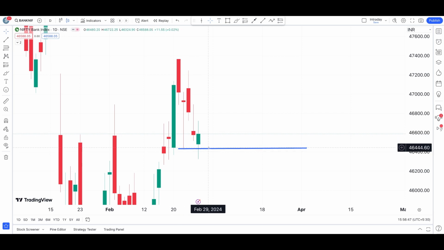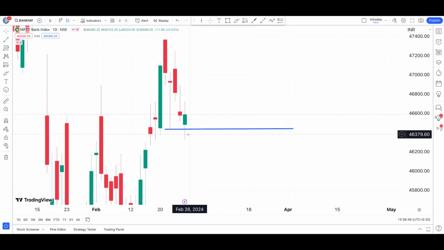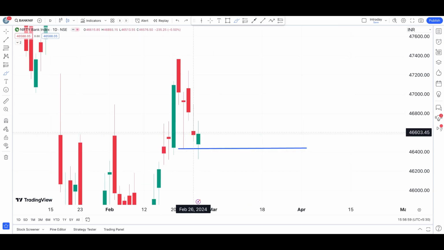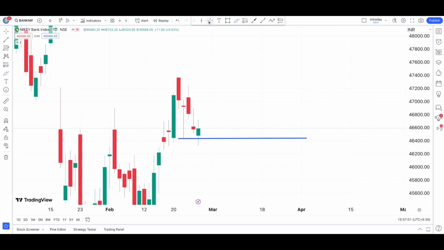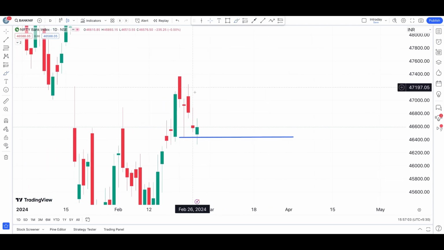So it's the same here. If you start seeing a big gap down opening tomorrow under this level, you should be worried about your calls, because it's likely that it may go towards the downside.